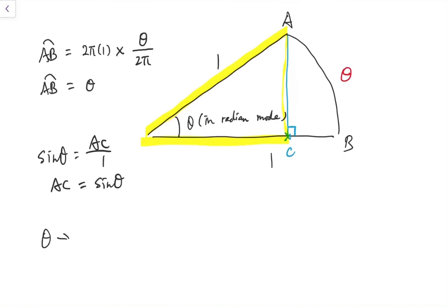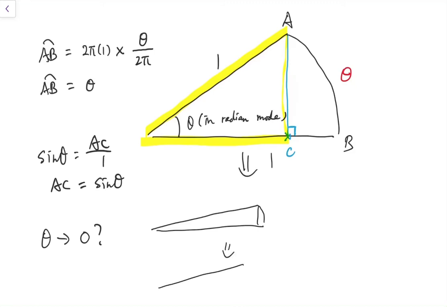So let's try to imagine when theta tends to 0, then this will become smaller, right? And even smaller.